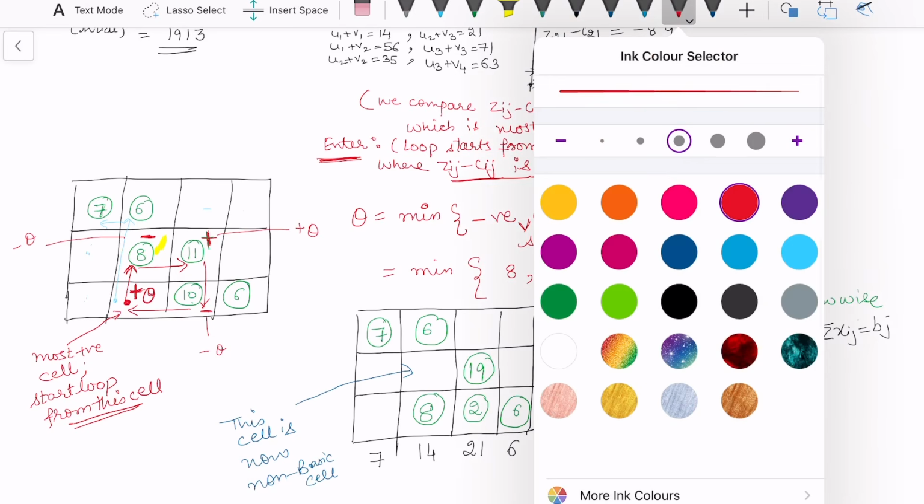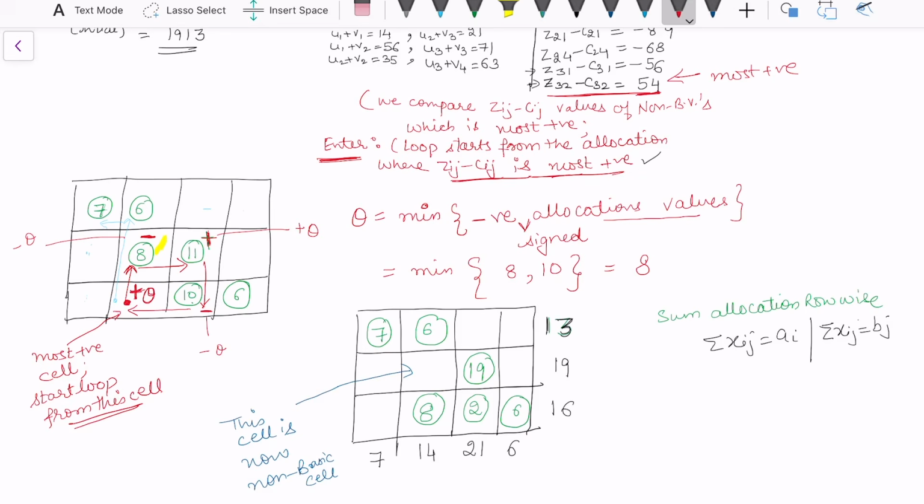So I can maybe write here very clearly, and remove the cell which comes with zero allocation in the loop. So that's how we have removed the cell.